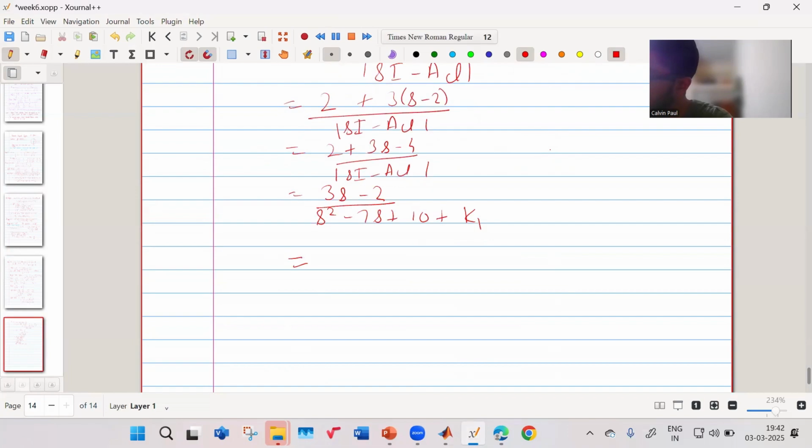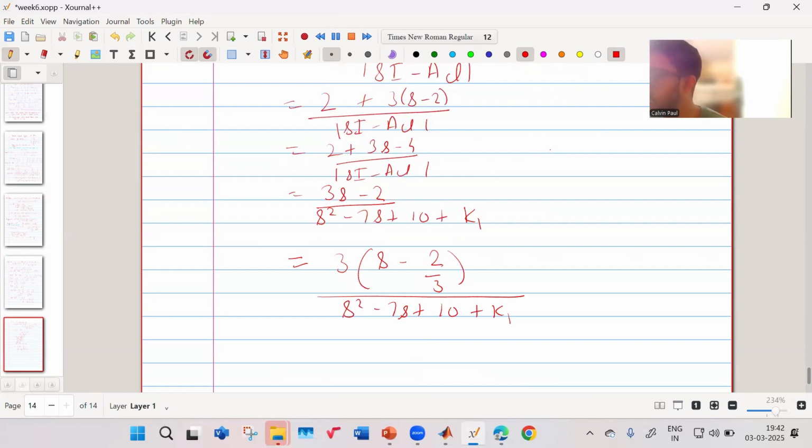So this actually is given by 3 into (s minus 2) by 3 into (s square minus 7s plus 10) plus k1. Okay, so this is the equation.